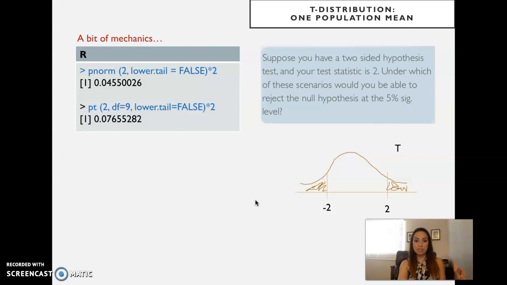Anyways, in the previous video, I wanted to introduce you formally to the t-distribution. And we said we use the t-distribution when we cannot reconstruct the sampling distribution of the mean under the null hypothesis using the z-distribution because the conditions for applying the central limit theorem do not hold.